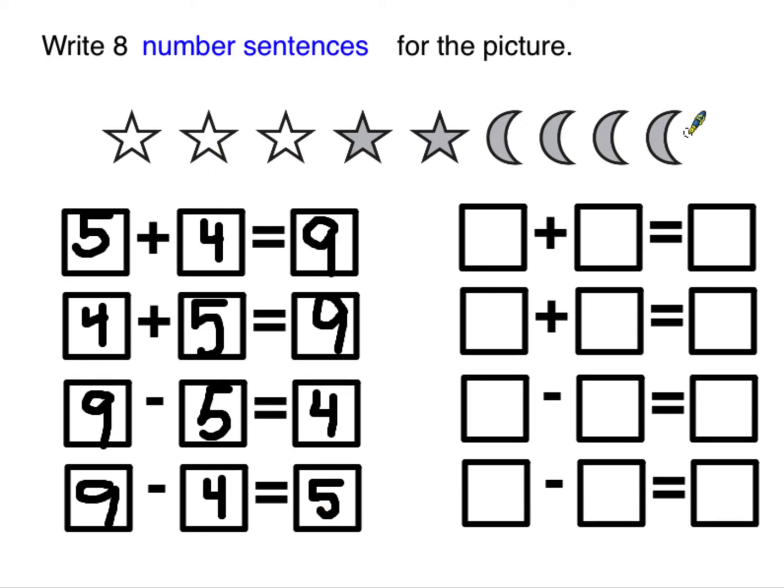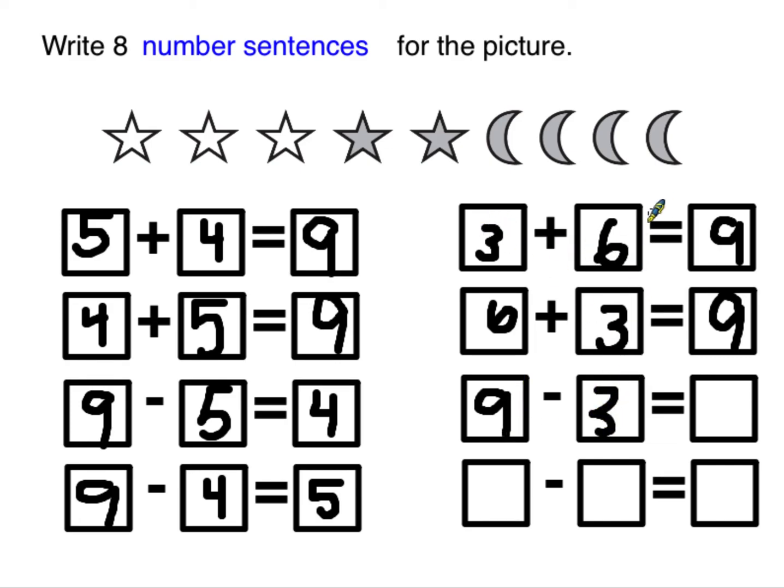Or we could do white and gray, but I haven't changed how many there are. Now I can do 3 white shapes and 6 gray shapes, or 6 gray shapes and 3 white shapes still makes 9 shapes altogether. 9 take away 3 equals 6, or 9 take away 6 equals 3.